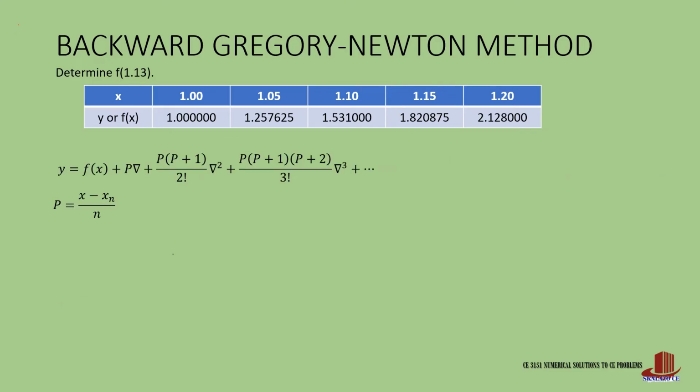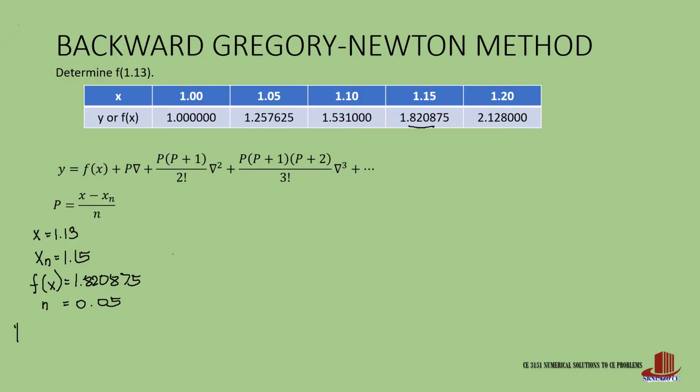Let's summarize our given. So x is taken as 1.13, x sub n is considering 1.15, whereby its f of x is taken as this value, 1.820875. h would still be taken as 0.05.